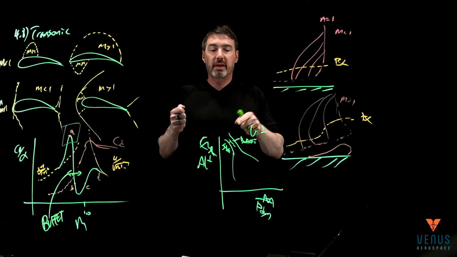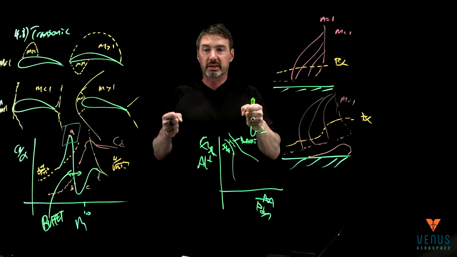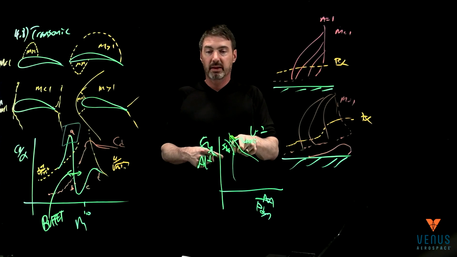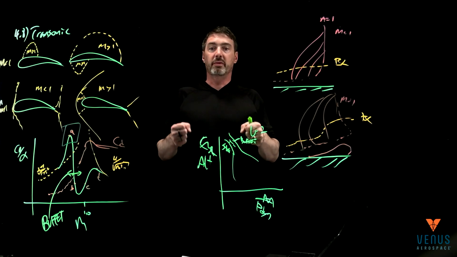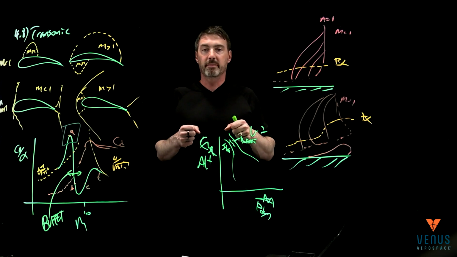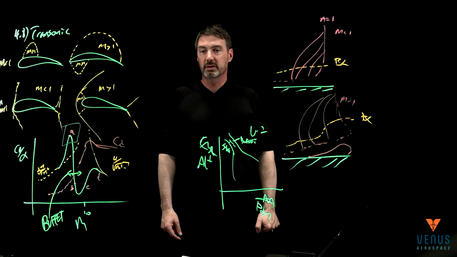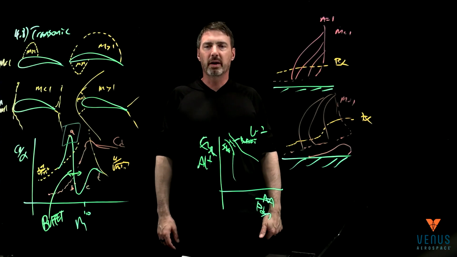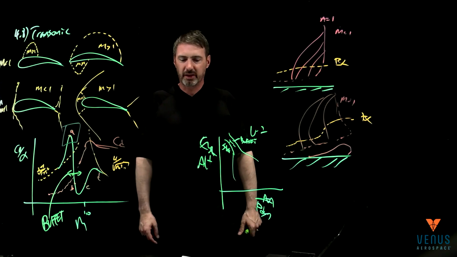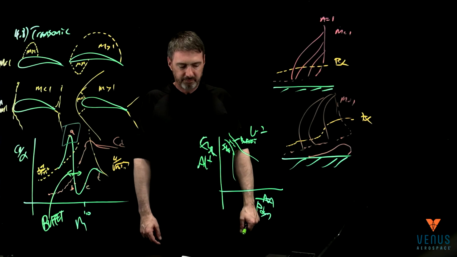Because if you descend too quickly, you'll speed up and hit your buffet limit, and you're done. Or if you pull up more, you slow down, and then you're going to get into a stall condition. So it's pretty wild, but you can actually end up having these really weird corners.